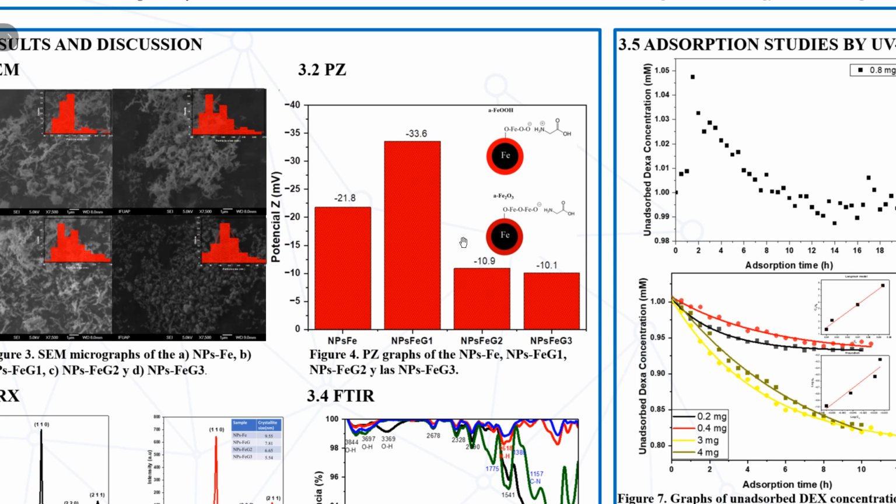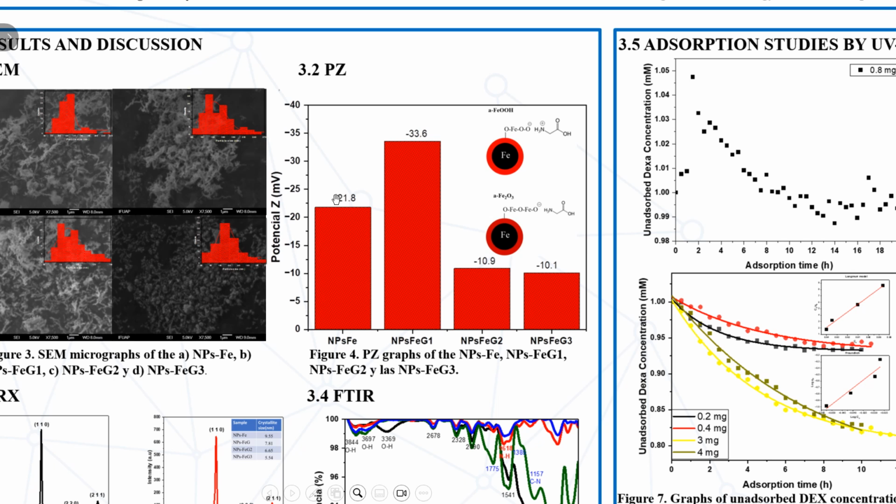All the samples present a negative surface charge, and we can see this in these graphs. In the case of the iron nanoparticles without glycine, this negative charge is due to the formation of a slight oxide and or oxyhydroxide layer, typical of these nanoparticles.